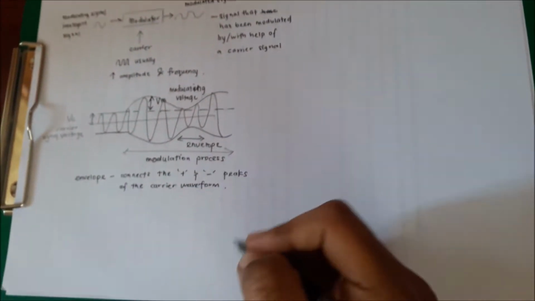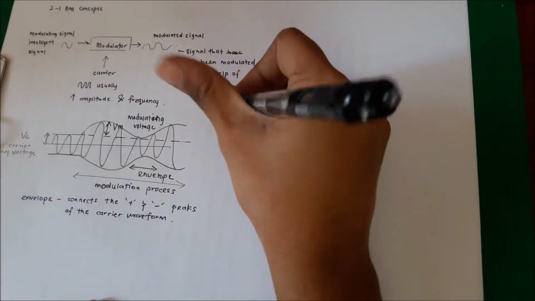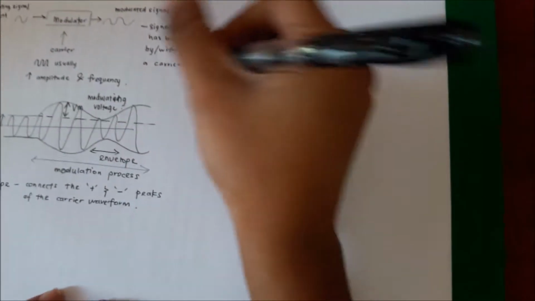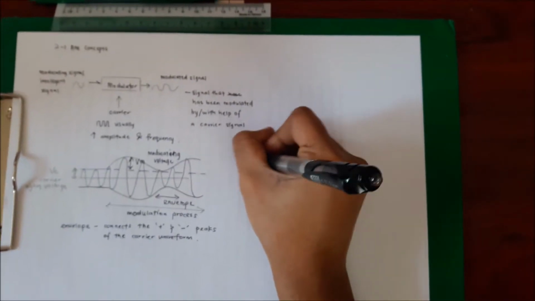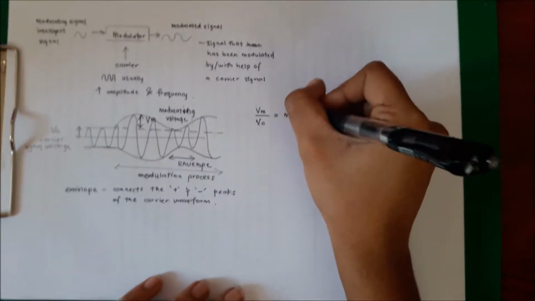Okay, without further ado, let's move to the main part where you're comparing your Vm versus your Vc. Therefore, you come up with your first formula: Vm over Vc is equivalent to your modulation index.